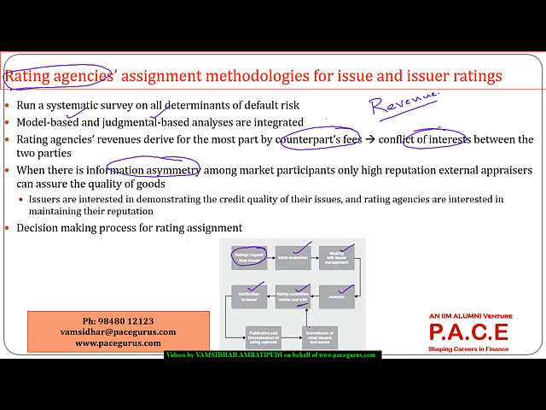And again, this goes as a loop. There is a feedback loop. The rating committee again reviews it at periodic intervals, and if something has to be improved or downgraded, the actions are typically taken accordingly. So that's how the overall rating assignment process and the background work behind it take place.